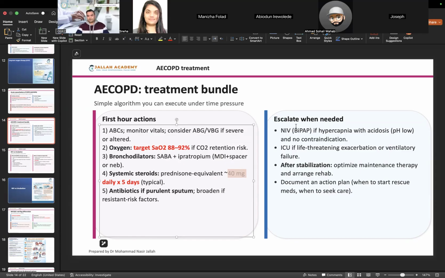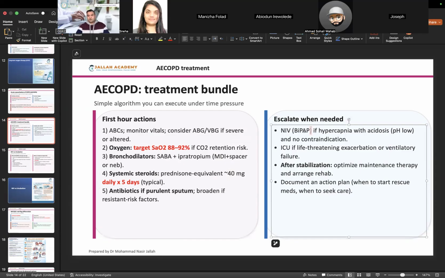Escalate when needed. So I use NIV, non-invasive ventilation by PAP, if my patient has hypercapnic acidosis. Hypercapnic is like PCO2 more than 45, in some cases even 70.